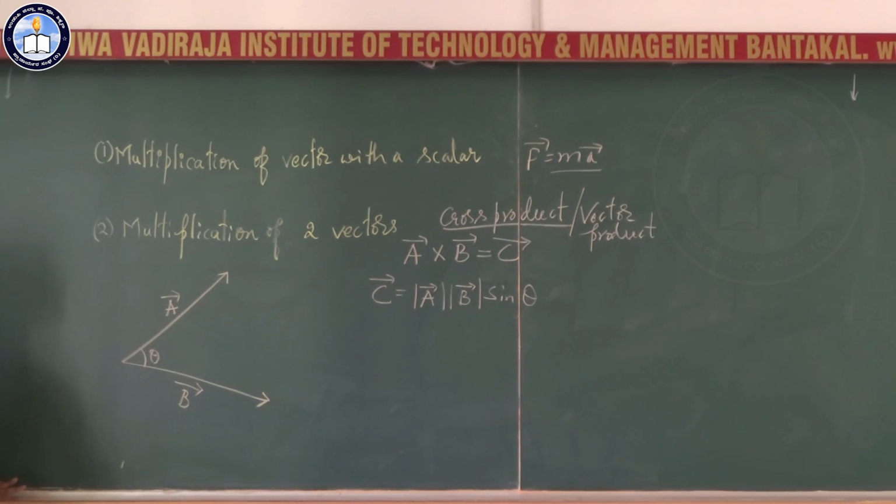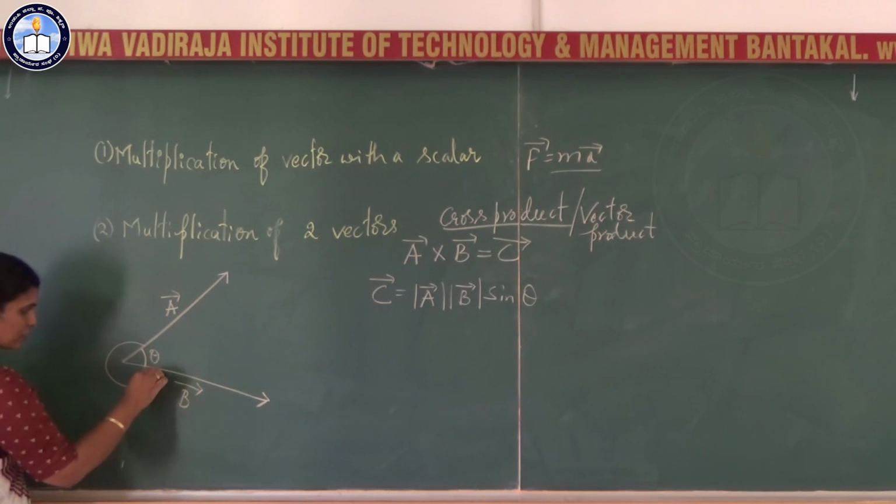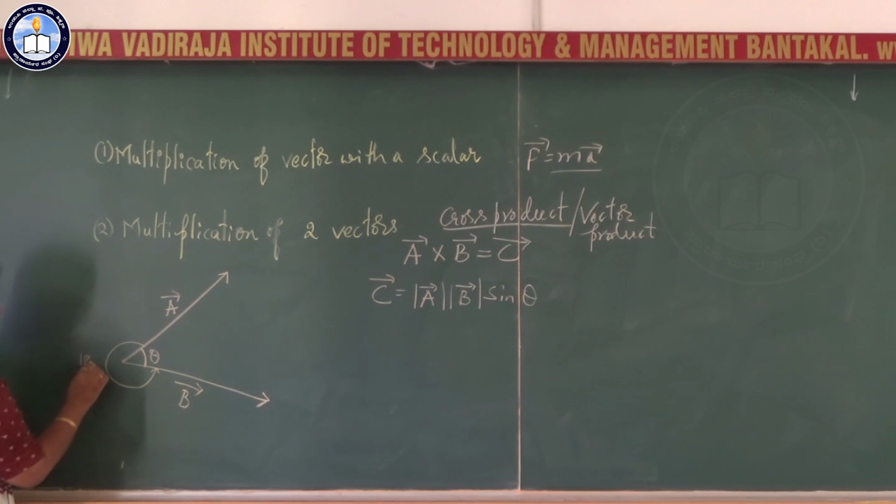Now, you should remember one thing here. Whenever you say the angle between the two vectors, A vector and B vector, there can be two angles. One is this angle, we call it the inner angle, the other is this external angle, which is 180 minus theta. So, in the vector product, whenever you say theta is the angle between the two vectors, which angle should you take?